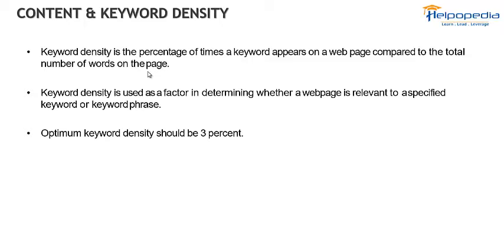So for that reason, Google says that you need to have minimum 300 words, so that you can differentiate between the common words and the actual keywords which you are writing on the topic that you have decided. So the minimum content should be 300 words, and the optimum limit should be between 300 to 800 words for any content.